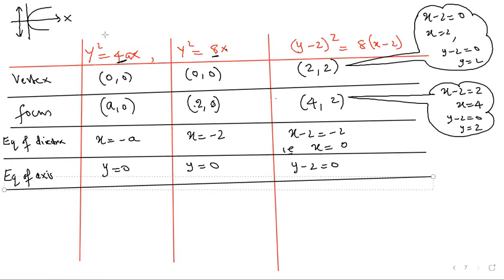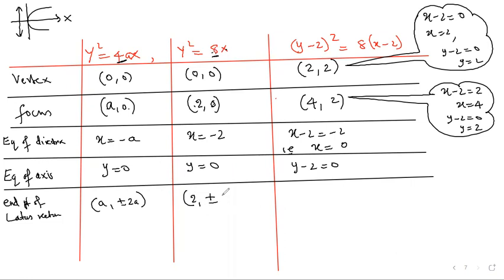Then end point of the latus rectum. What is the focus? A comma 0. So a comma plus or minus 2a. But here a is 2. So 2 comma plus or minus 4. Always double.